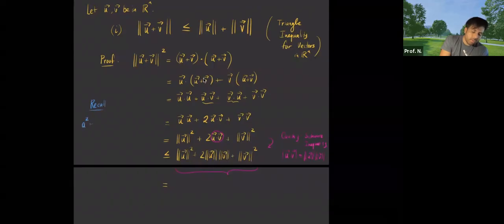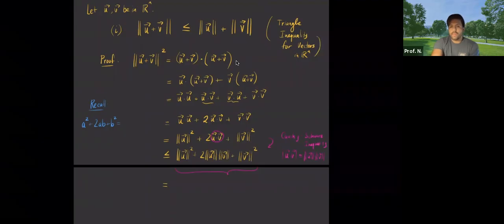How do you factor this? What does a squared plus 2ab plus b squared factor into? Now we're talking, right? This becomes a plus b quantity squared.